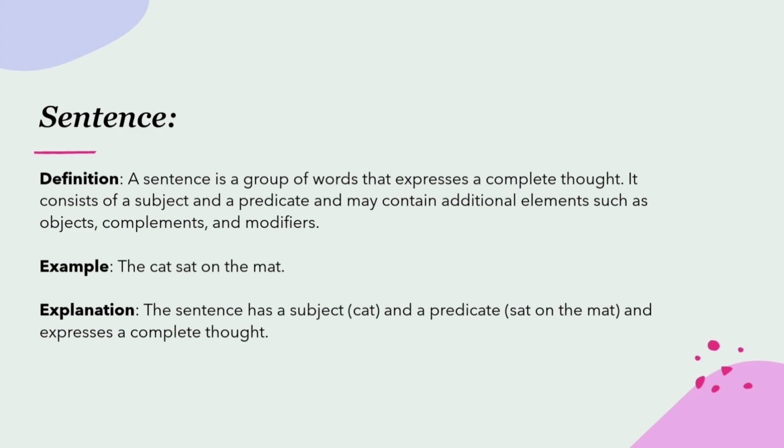And for a clause, if there is a dependent clause, then it won't give a complete meaning. And if there's an independent clause, then it can give a complete meaning as it can stand alone. And hence the difference between a clause and a sentence is that a clause has a subject and a verb, whereas a sentence has a subject and a predicate.